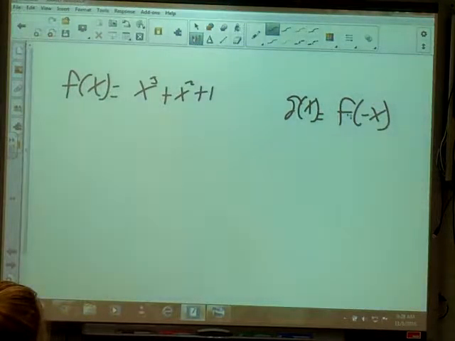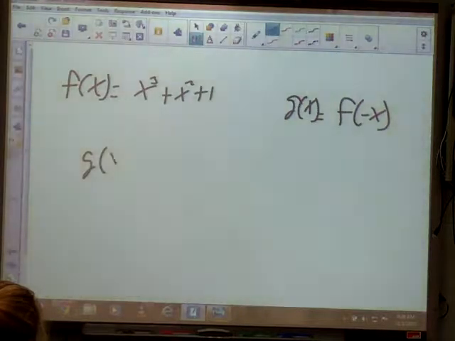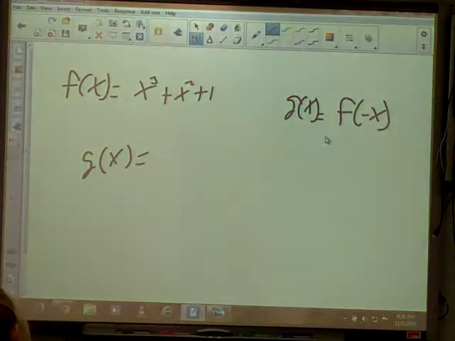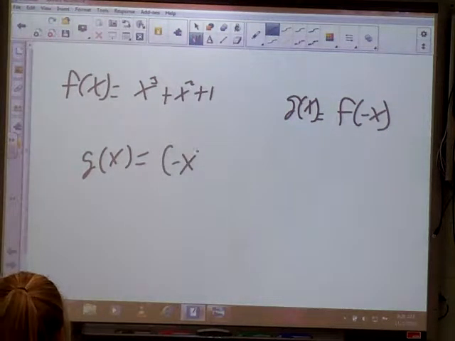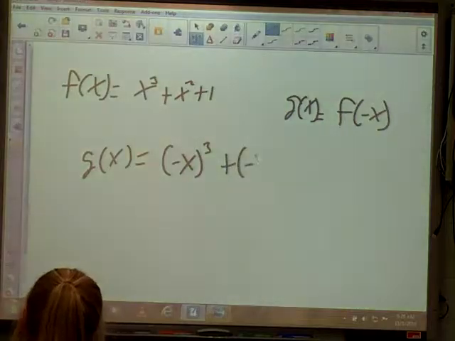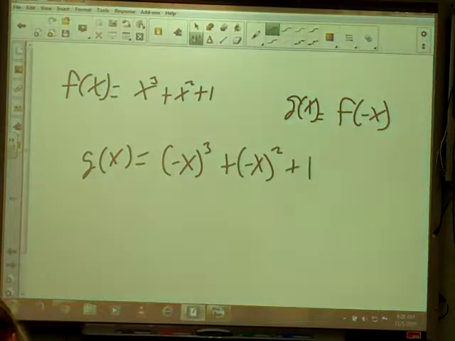But if the question wants me to actually write the function out for that, I'm going to say g of x equals, and then all you do, if you look at your example, is take each of your x's and make them negative. Now I can simplify that a little bit, right? Negative x cubed, if it's an odd power and it's negative, it stays negative, doesn't it? But what about here?